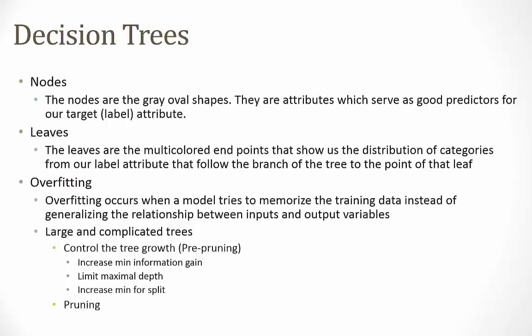Instead of having at least two members for each branch, I would require the algorithm to have at least 4 or 5 members per branch before it can split. Using these algorithm parameters, you can control the growth of your tree and make sure that it does not overgrow and become overfit.